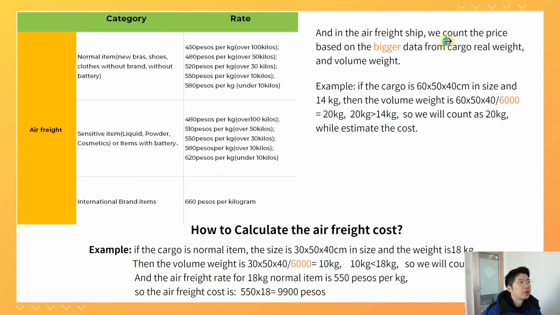And in air freight shipping, we count the price based on the bigger of the cargo's real weight and the volume weight. You can see the rate of air freight is pesos per kilogram. Instead, sea freight is pesos per CBM.